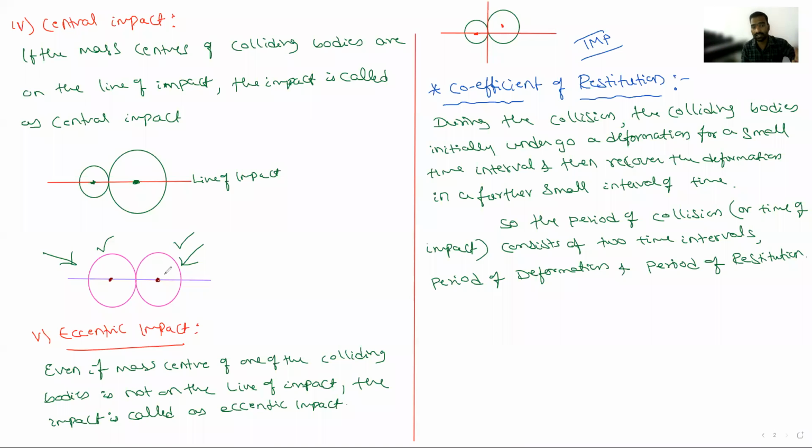So in this entire collision there are two periods. The first period is called the time of deformation, and the second one is called the time of restitution. First, you should know what the time of deformation and the time of restitution are, that is, the period of deformation and period of restitution. After knowing these two, you will come to know what the coefficient of restitution is.